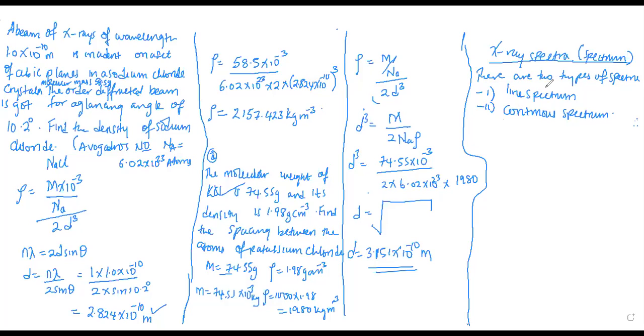These two different spectra depend on, for example, the line absorption spectrum. It depends on electrons making penetrations into the target atoms so deep into the nucleus. For example, if this is the nucleus of the atom, which is positively charged, we have some electrons around the nucleus.